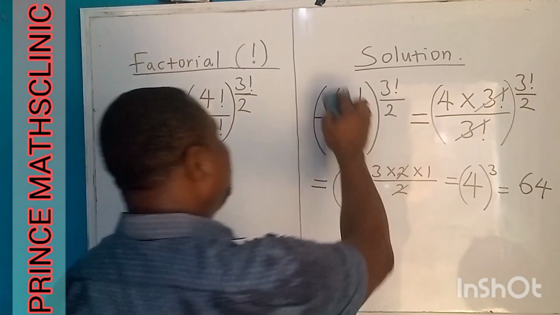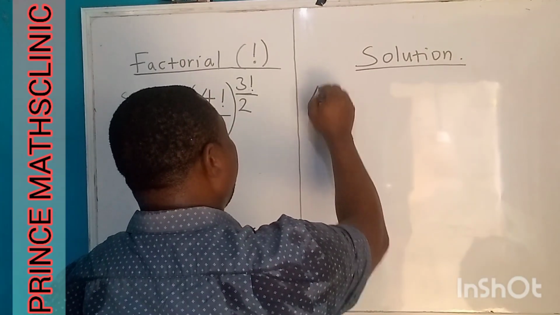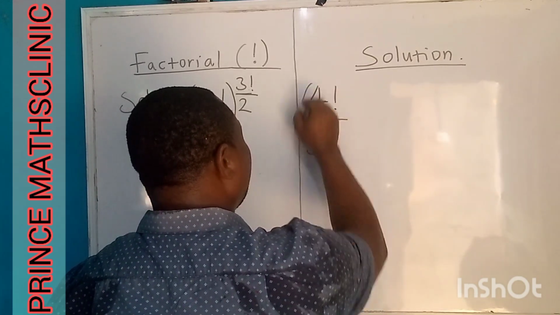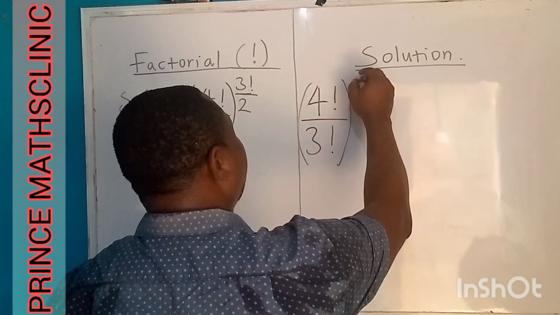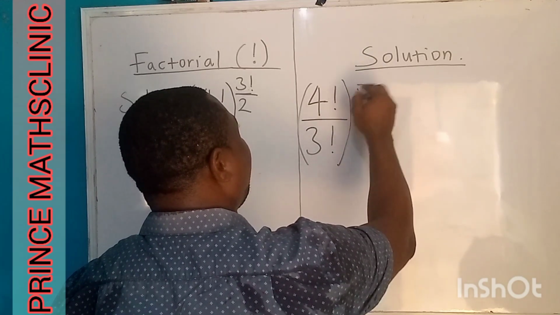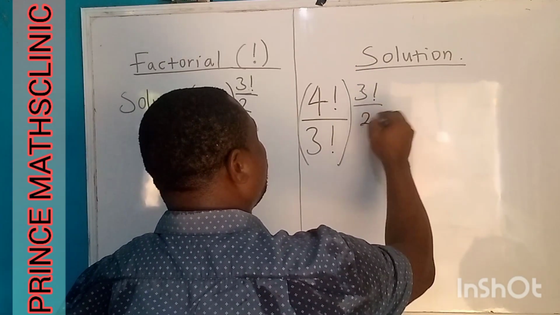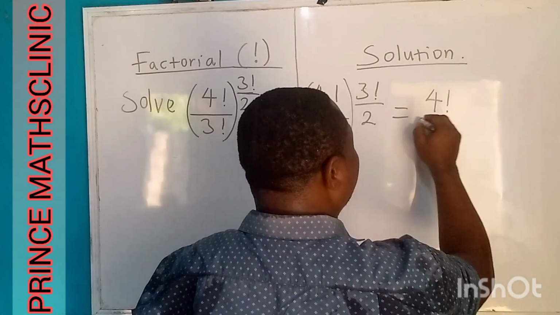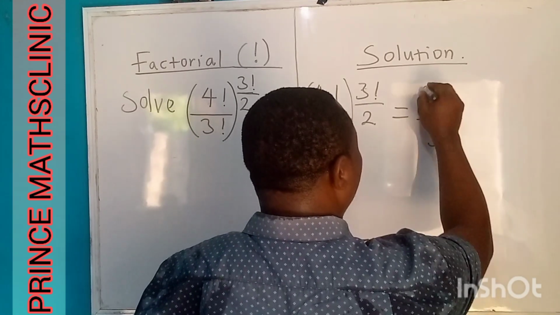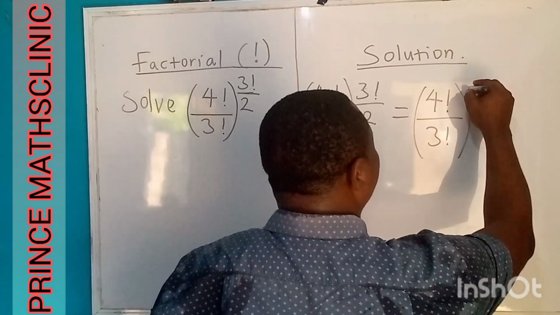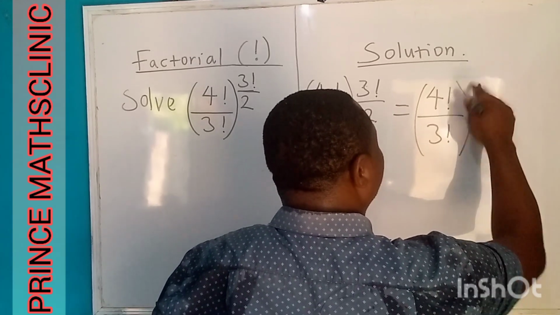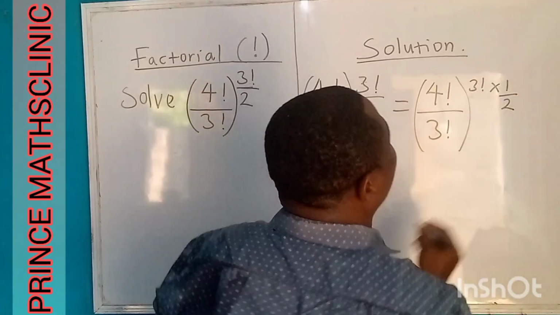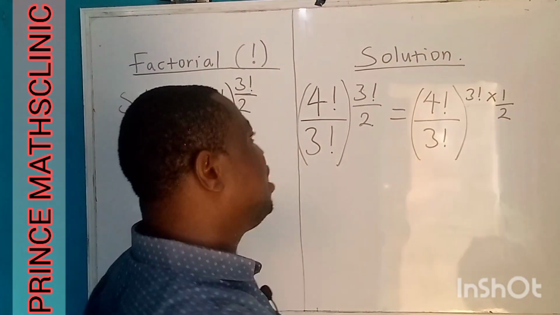Now, let's dive into that as well. My 4 factorial divided by 3 factorial, all to the power of 3 factorial over 2, can be rewritten as 4 factorial over 3 factorial, now in brackets, 3 factorial multiplied by 1 over 2, or you say 1 over 2 multiplied by 3 factorial.